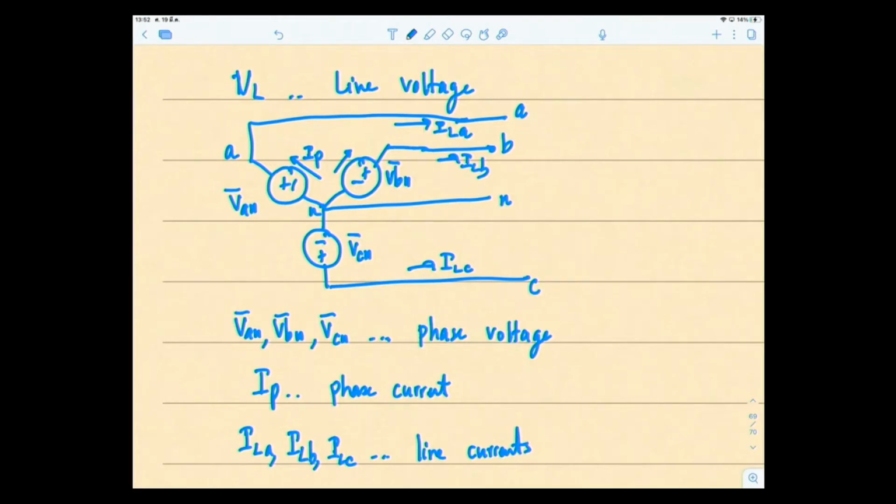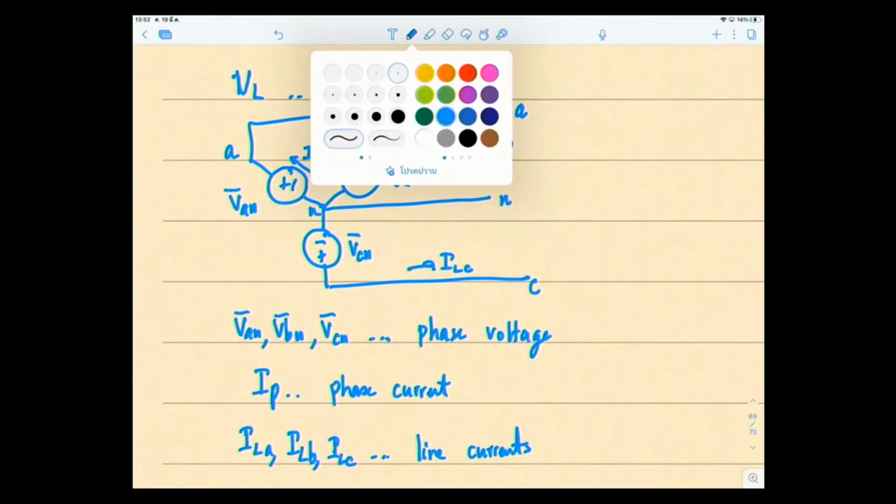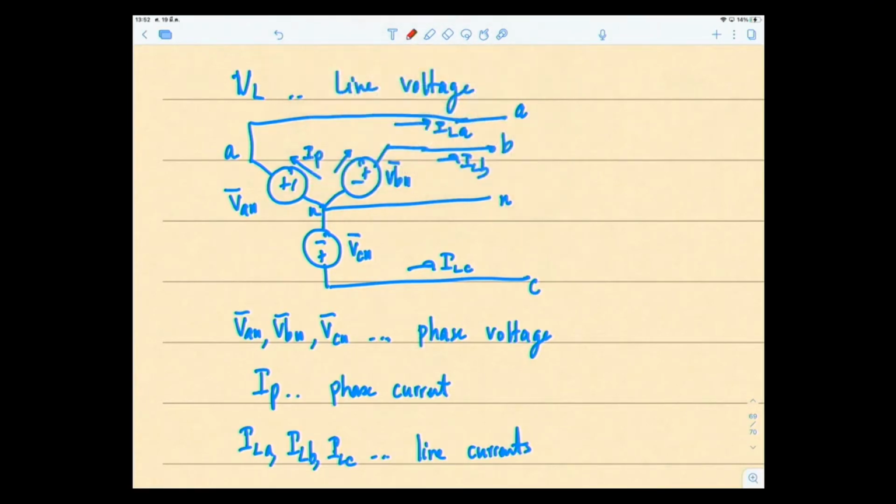And the last one is the line voltage. The line voltage will be the voltage between lines. So it will be between line A and line B, VAB, between line B and line C, VBC, and between line A and line C, VCA.